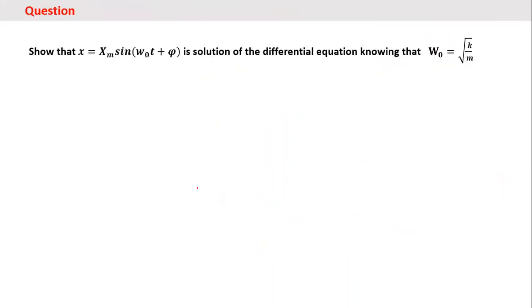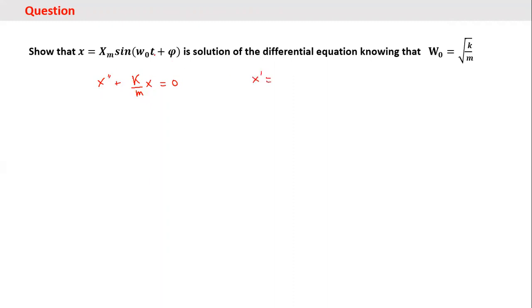Now, if the question was to show that x equal xm sine omega 0 t plus phi is a solution of the differential equation, how do we verify it? The differential equation is x double prime plus k over m x equal to 0. We simply substitute, but I have x, so I must find x double prime.